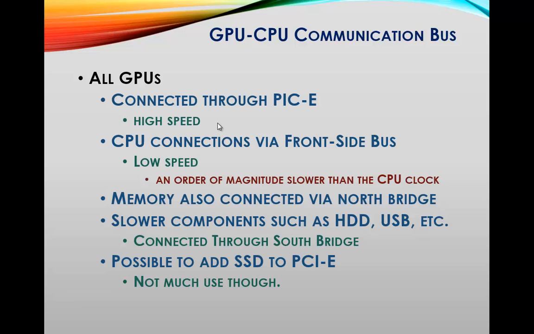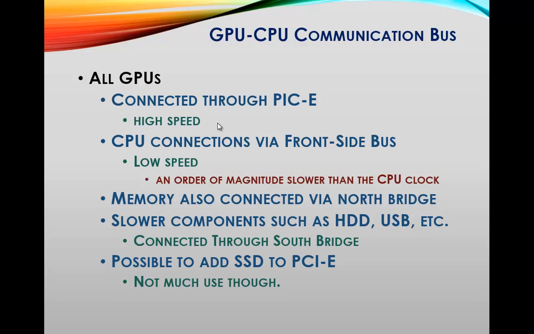But all in all, if you look at your GPU-CPU communications bus connecting your GPUs and your CPUs, all of your GPUs are connected through your high-speed PCIe bus that is quite fast and high throughput, and your CPU is connected with the rest of the peripherals through your front side bus, which is usually an order of magnitude slower than the speed of your CPU.